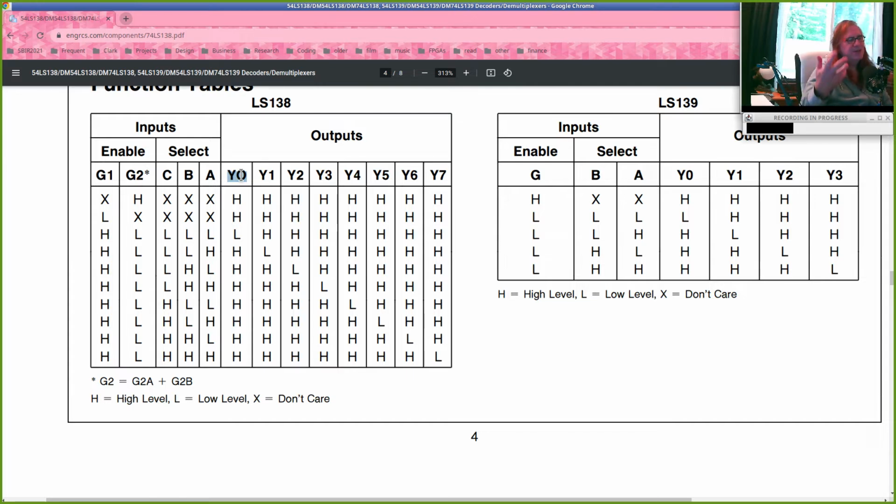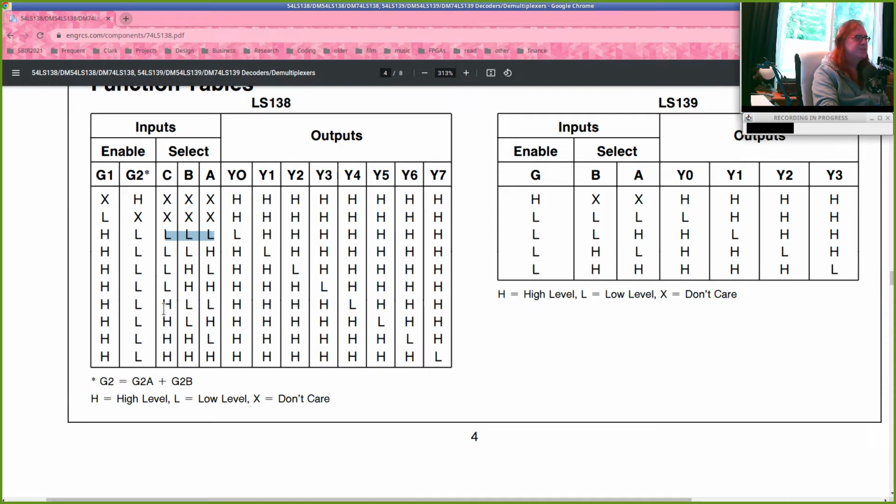So we would expect, from that description, that in this case, Y0 would be high, all the other outputs would be low. That would be an active high kind of situation. But in fact, this chip does the opposite. It normally sets all the outputs high, and whichever output you select gets driven low.